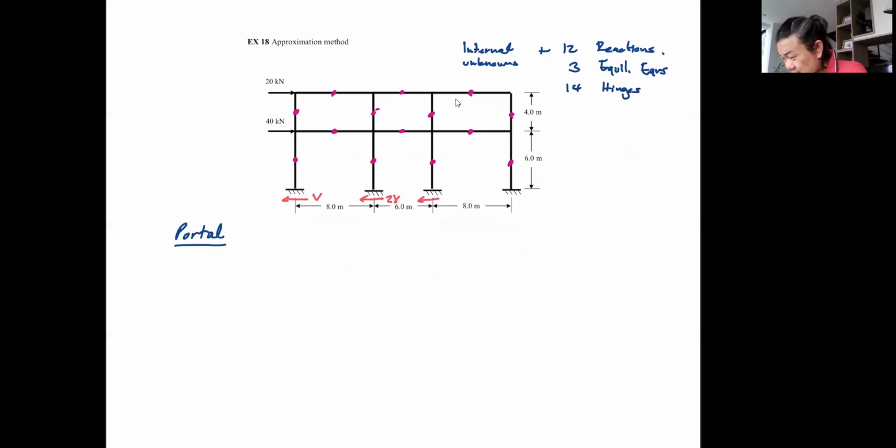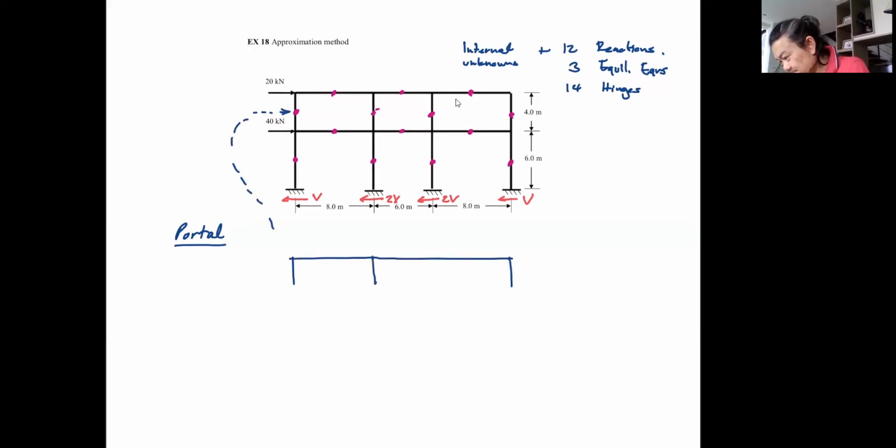Here is going to be 2V, and here is going to be V. So I'm going to cut the first free body diagram at the hinge. We always cut the free body diagram at the hinge, of course. So now the first free body diagram, I'm going to cut it here. So what I have is something like this.